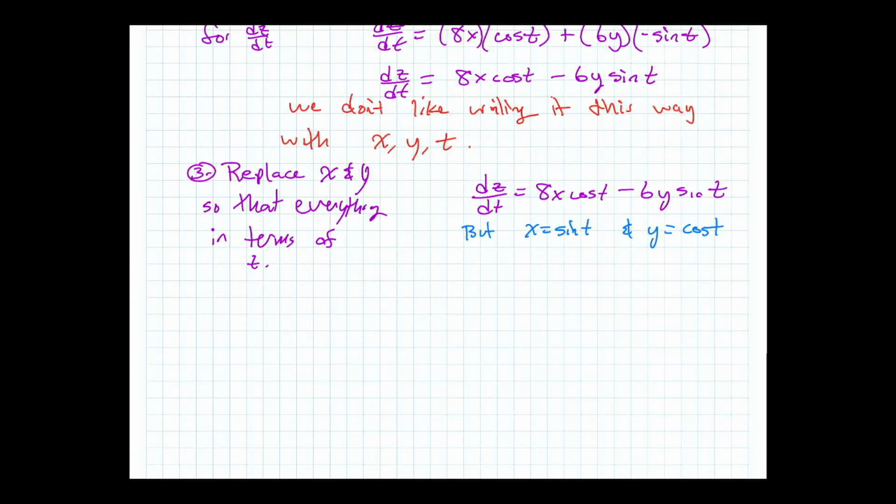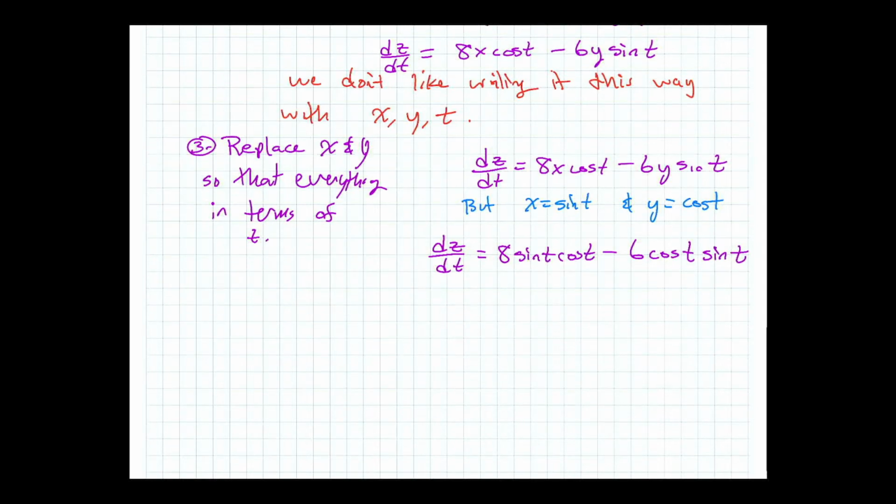So you just substitute that in. And so you have dz dt is actually 8x, but x is sine t. And then you have 6y, but y is cosine t. So you end up with that. And then you realize that these are actually like terms, right?